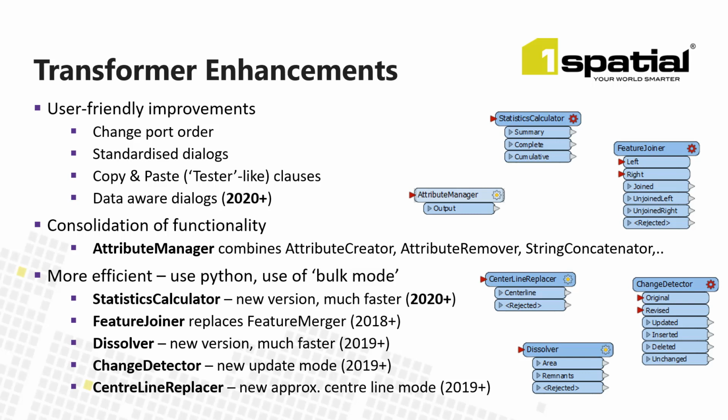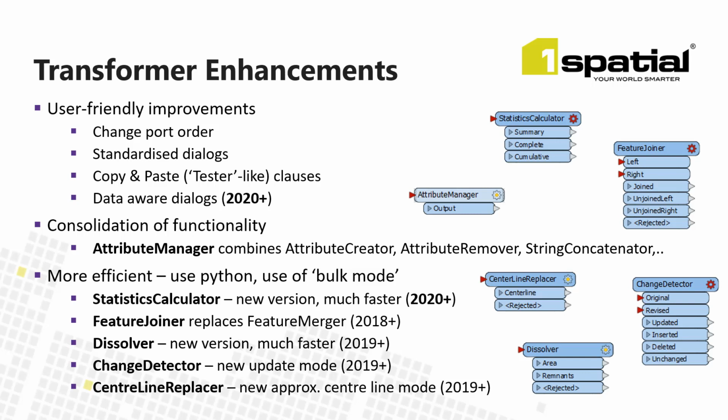As part of the standardization and general user friendliness, there's been a consolidation of functionality. Most notably the attribute manager, which we looked at earlier, combines the functionality of many transformers now, so really powerful.